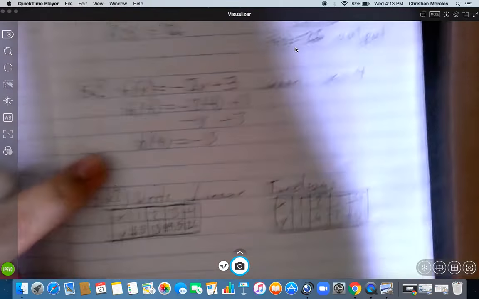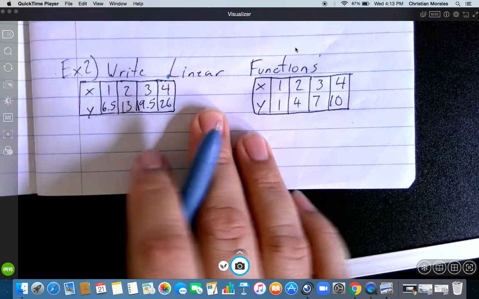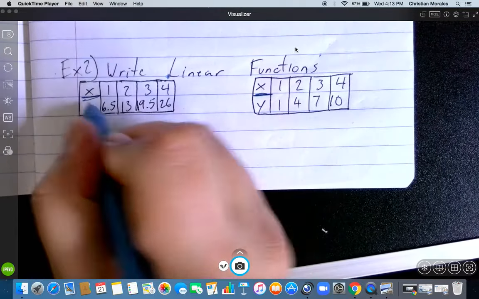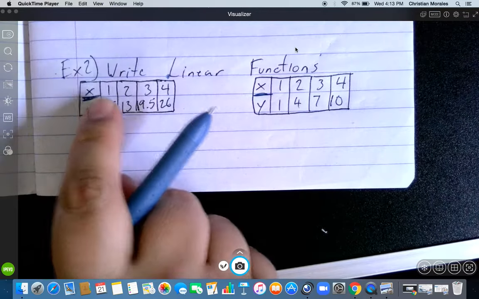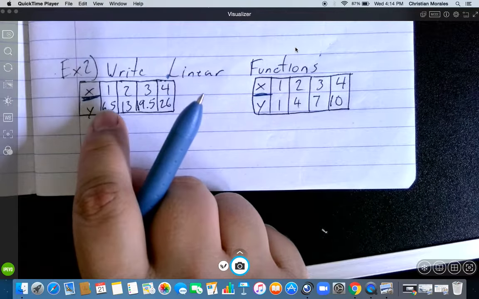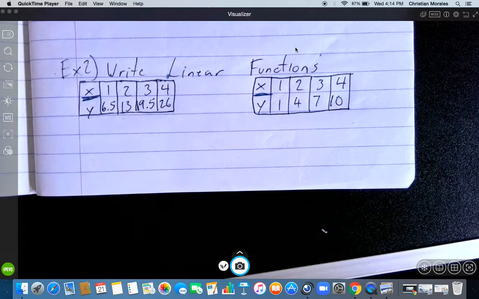Now, sometimes they want you to write it using the table. So it's important to distinguish your x's and your y's, because remember, the x's are your inputs. You're plugging in 1, 2, 3, 4, and you're getting out 6.5, 13, 19.5, 26. So if we're going to write a function like this, we're going to treat it like we would slope.